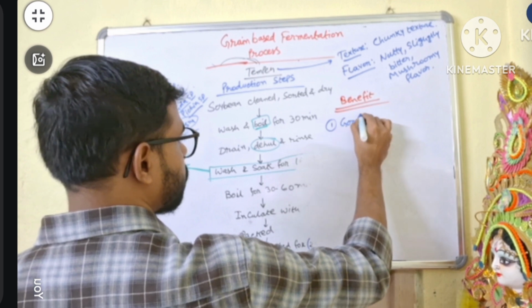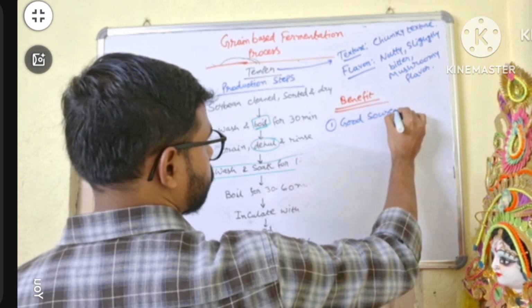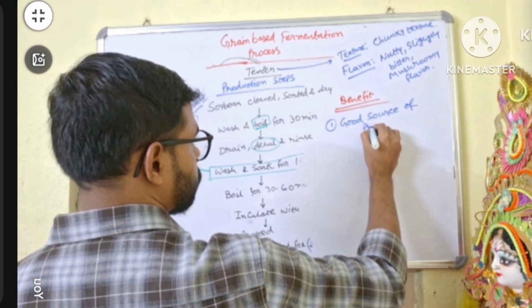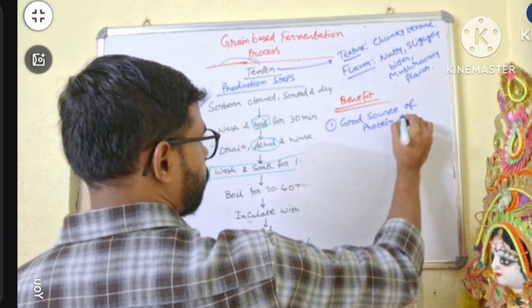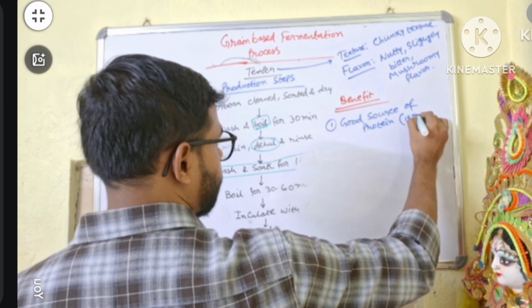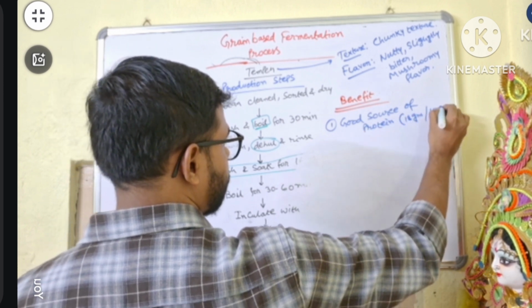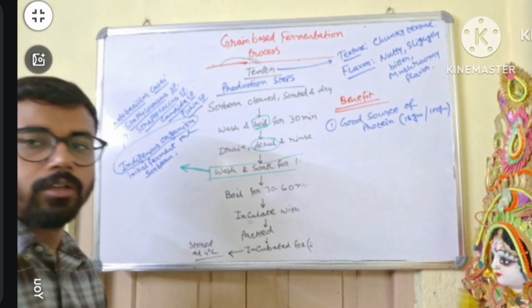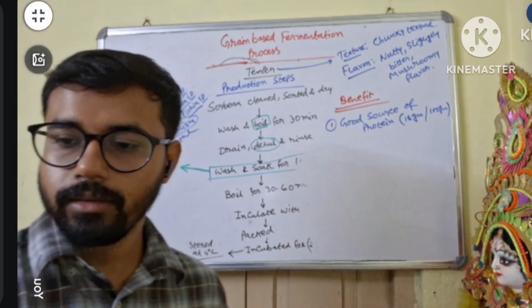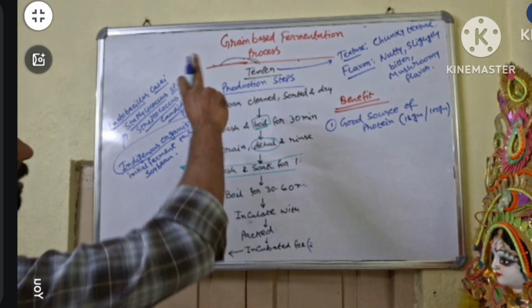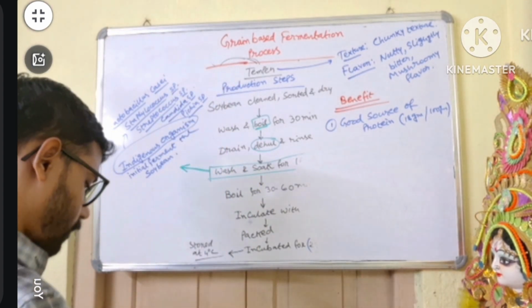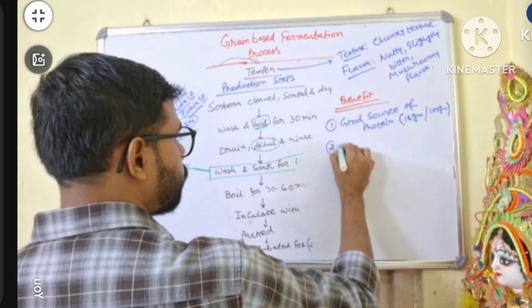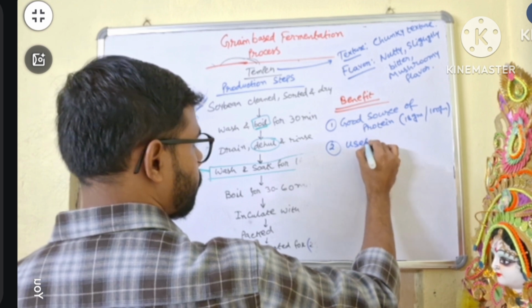Good source of protein, almost 18 gram per 100 gram of tempeh. So good quantity, 18 gram per 100 gram of tempeh. So useful for muscle building.